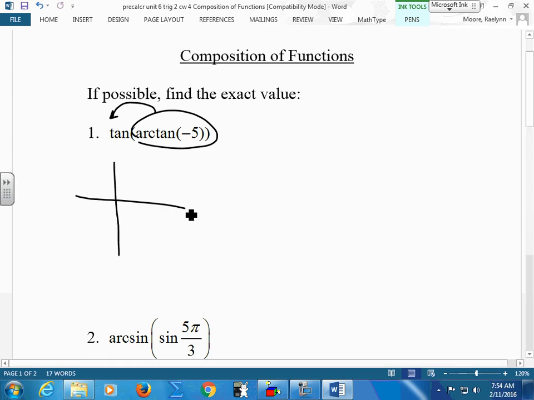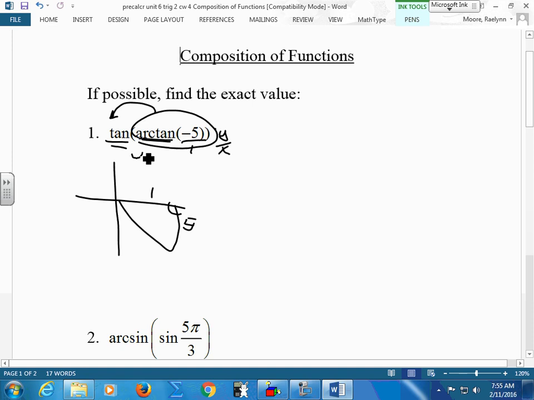So my tangent is restricted to where, Keanu? 1 and 4. So where would I find it negative? In 4. I drop a triangle in 4. Tangent is y over x. I could find the angle if I wanted to, but all I need is the tangent of this angle. I don't care what the angle is. I just needed to locate it.